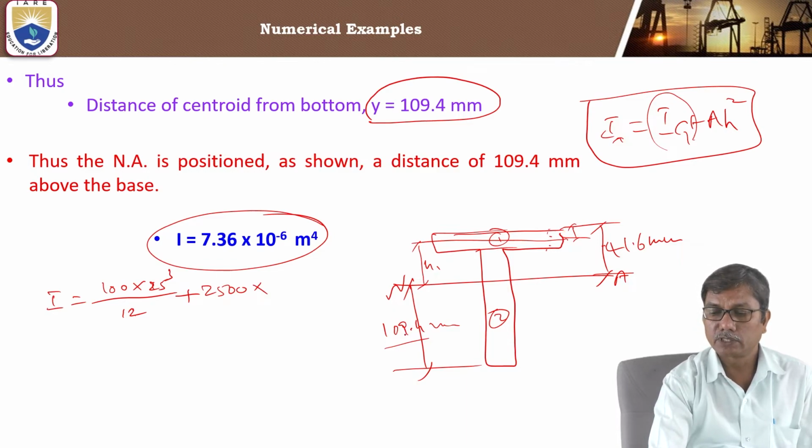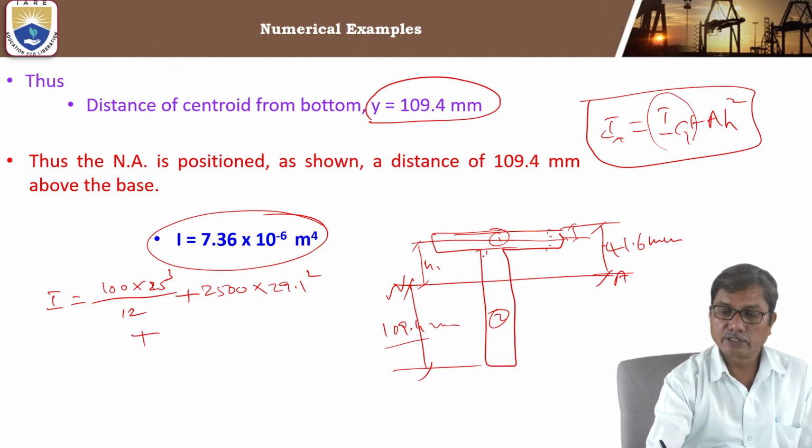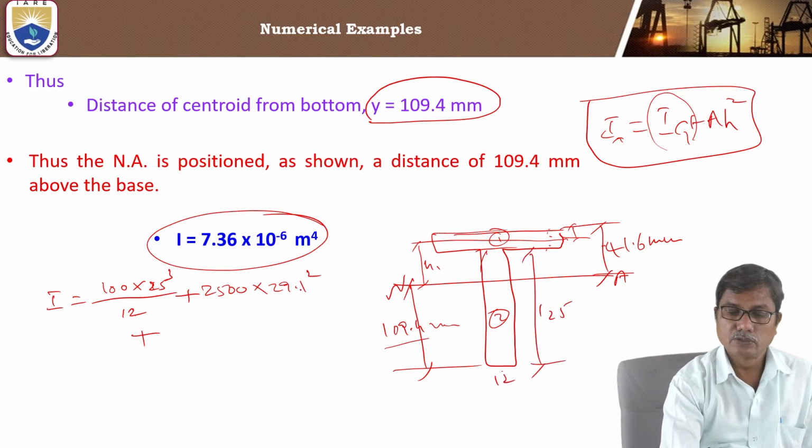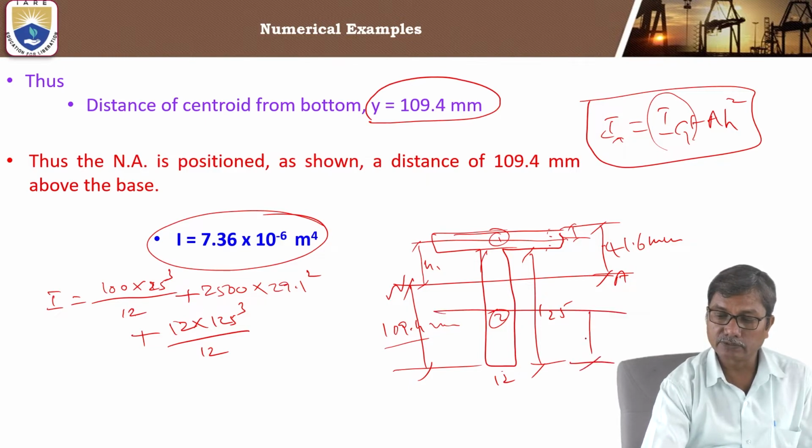That is 29.1 square, plus for the web portion, base is 12 and depth is 125. So BD cube by 12, that is the centroidal moment of inertia of this, which lies at a height of 62.5 from base. So what is the distance between these axes, H2?